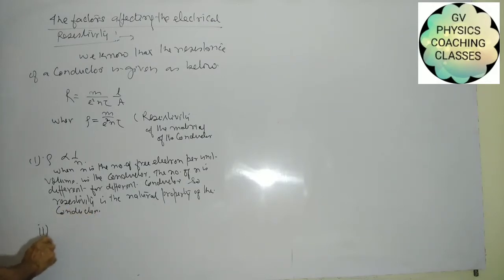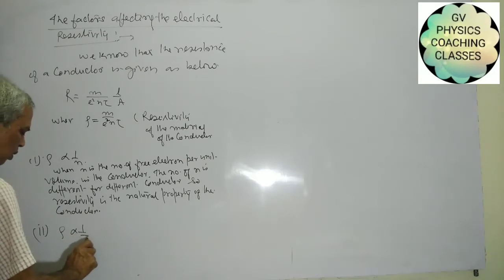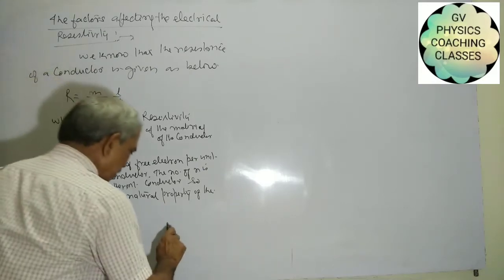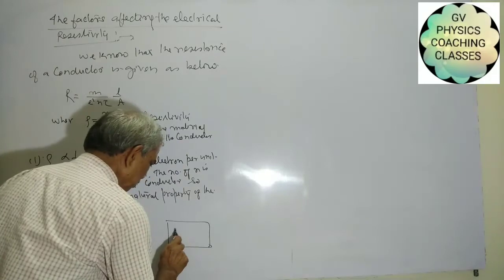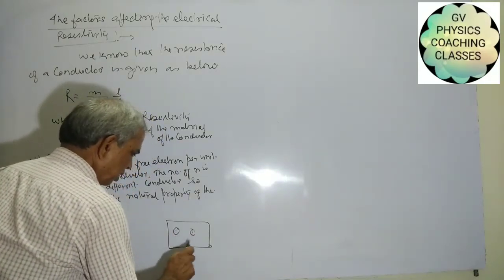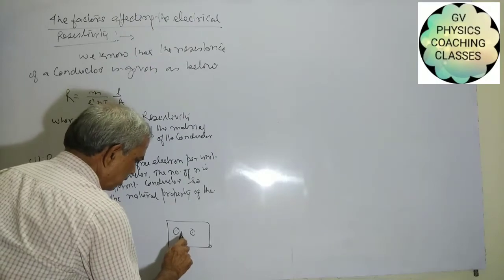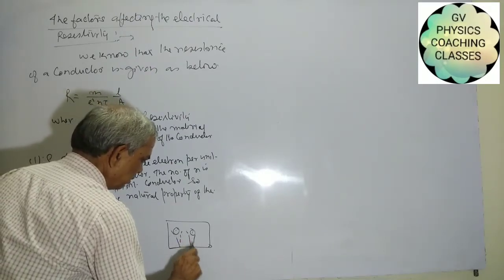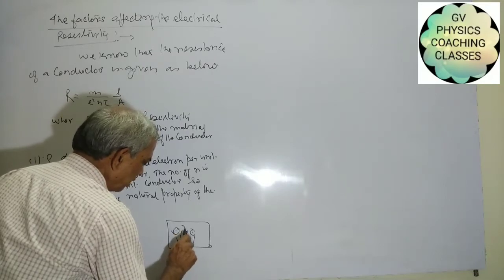Second, rho is also inversely proportional to tau. If tau decreases, then rho increases. If we consider two atoms, on increasing temperature they spin in this way. The mean free path decreases.